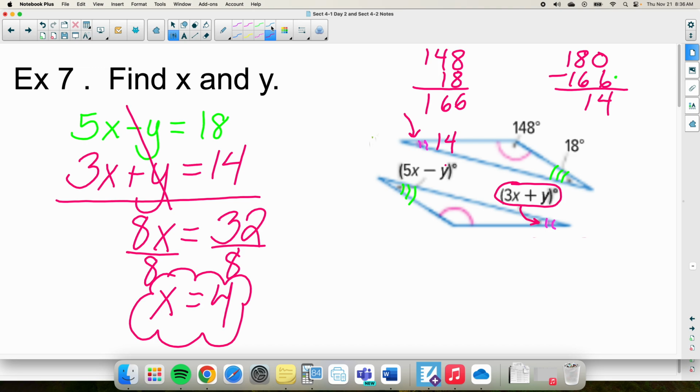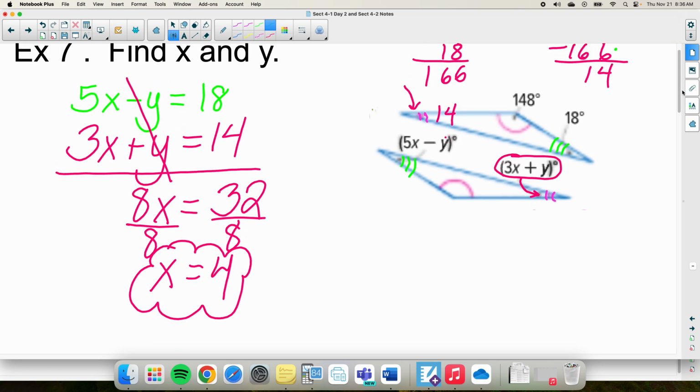When I go to solve for y, I pick one of these two equations, and it doesn't matter which one. I would probably choose the one in pink because it has a positive y instead of the minus y. So I'm going to write down that pink one, 3x plus y equals 14, and take this 4 and put it in for x, and then I can solve for y.